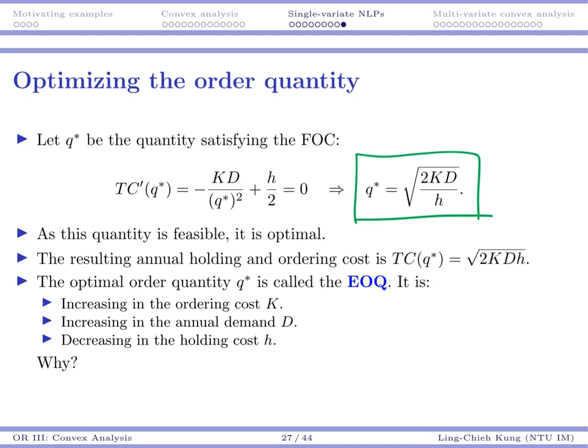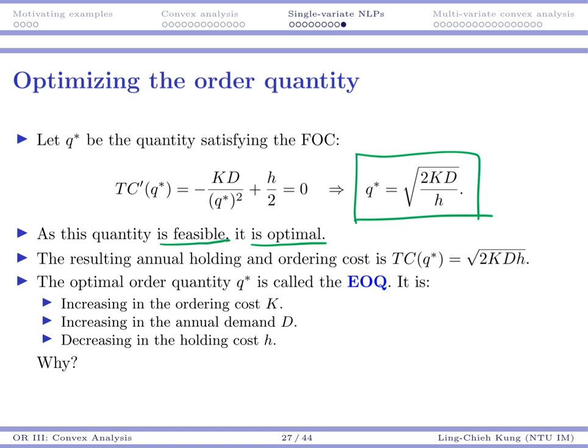You don't need to give me numbers. I still solve it. In the future, if you give me specific numbers, I don't need to call those algorithms and do iterative search. All I need to do is plug numbers into this formula, and then I'm done. So that's how we say this is an analytical solution. This quantity is feasible, and this quantity is optimal.